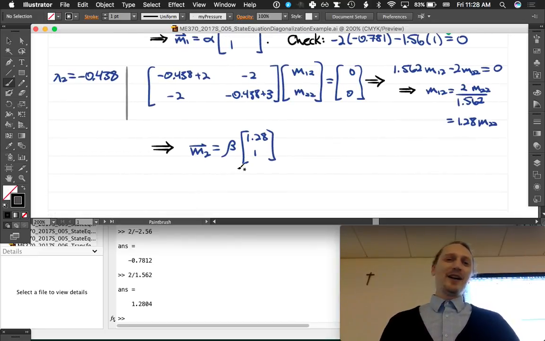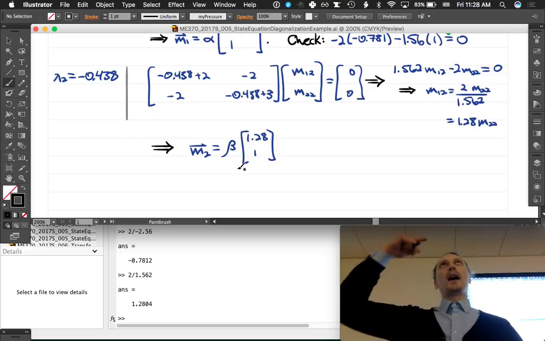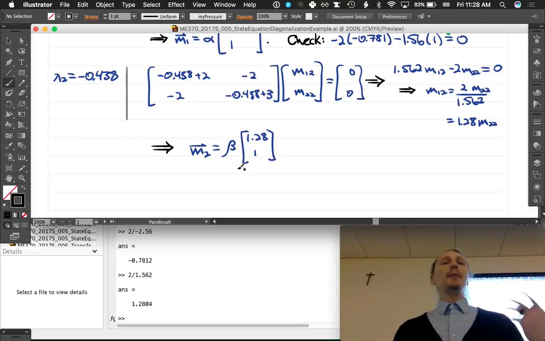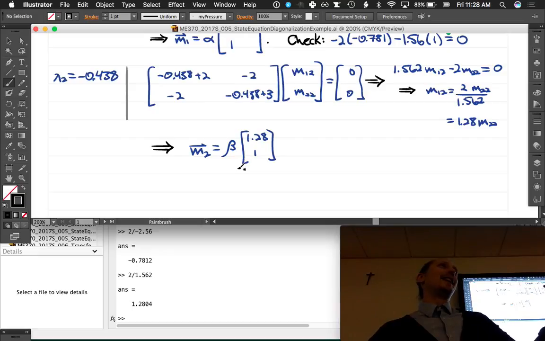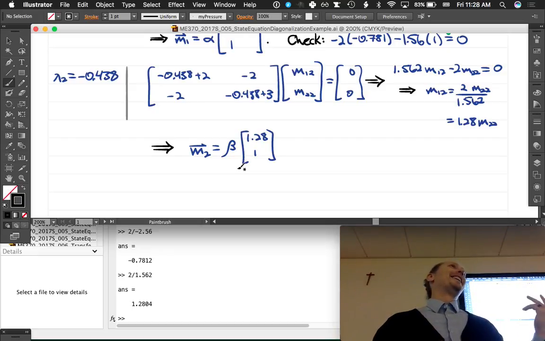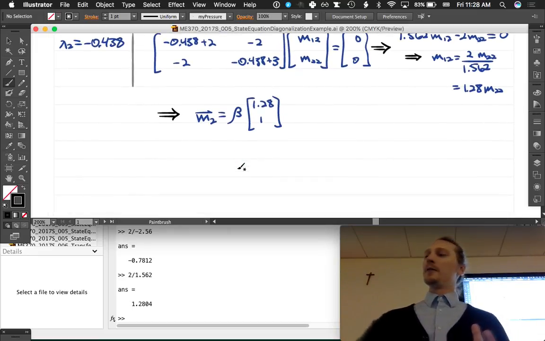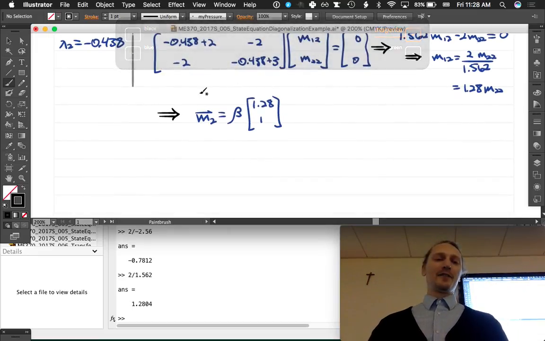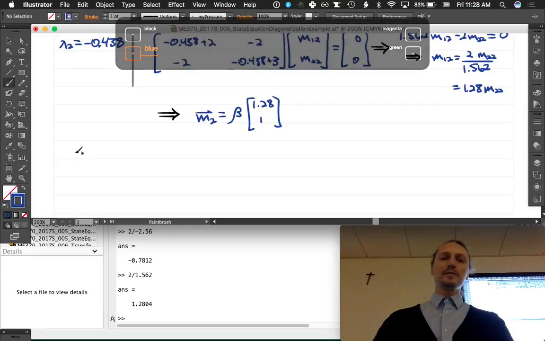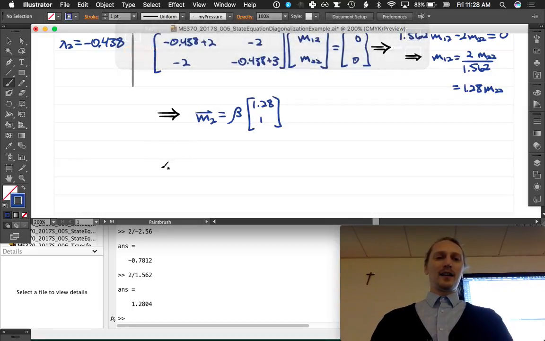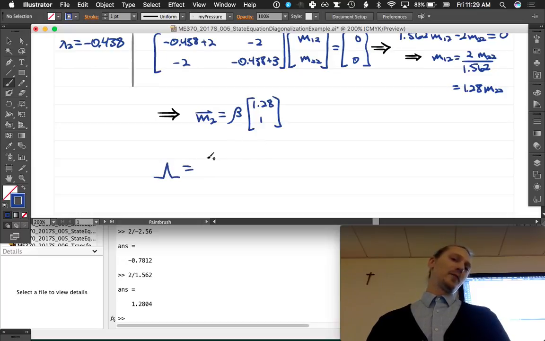So I've got my eigenvalues and eigenvectors. Let's pop on over to Matlab and see what they get. Okay. Well, let's write our modal and eigenvalue matrix. Our eigenvalue matrix, capital lambda. I have a hard time writing that because my pen smooths out. There we go.